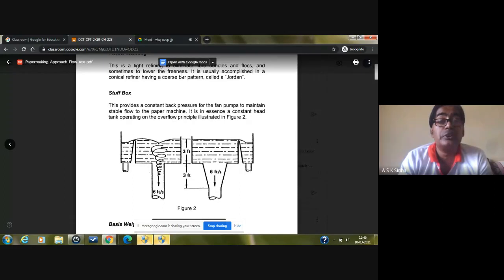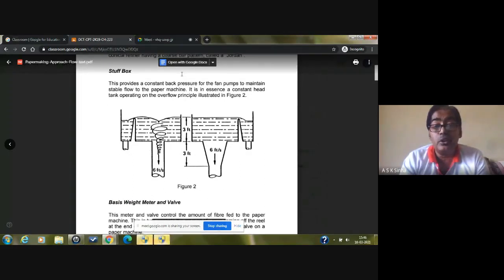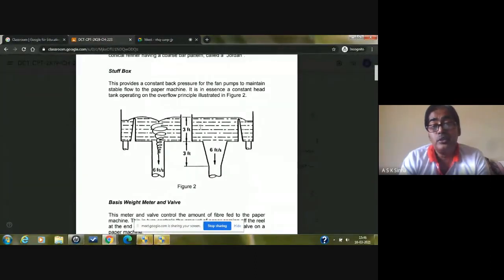Then comes the stuff box here. The stuff box you can see in the diagram. Basically, it's maintaining the constant level. You can see here, if the level is increasing, from the sideline it will go out. So constantly we are maintaining the same level. A 3 feet level will always be maintained here, and then whatever stock is going won't create any fluctuation in the input pressure because the head has the same value.